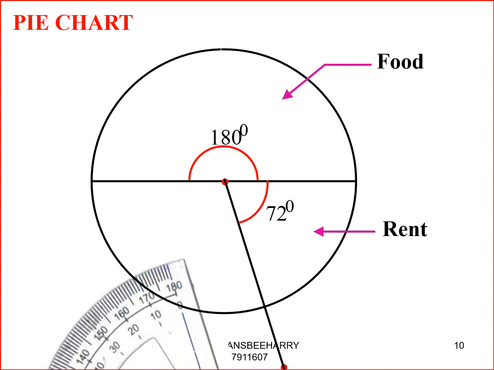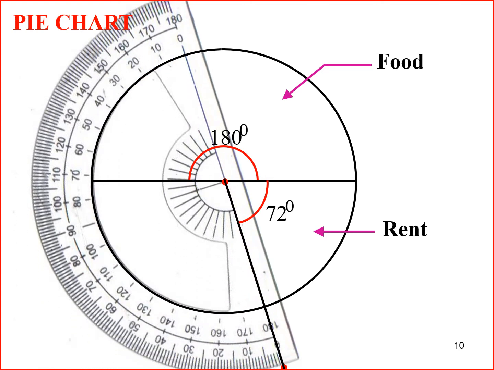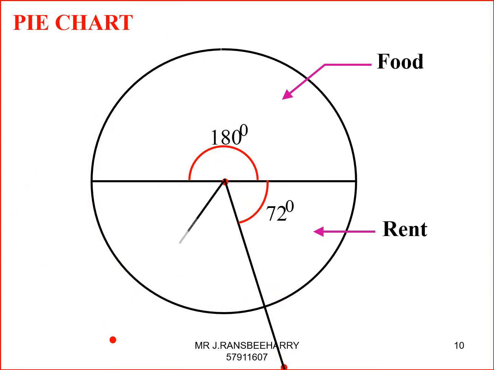And then again, using a protractor, we measure the next angle. We place the protractor well, for accuracy. Start from 0 and measure clockwise, 0 up to 54. You put a dot where there is 54. Remove the protractor. Use a ruler and draw a line.